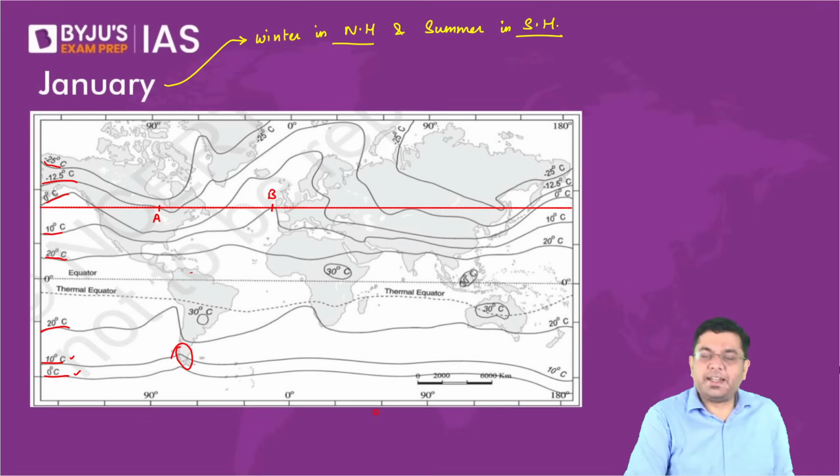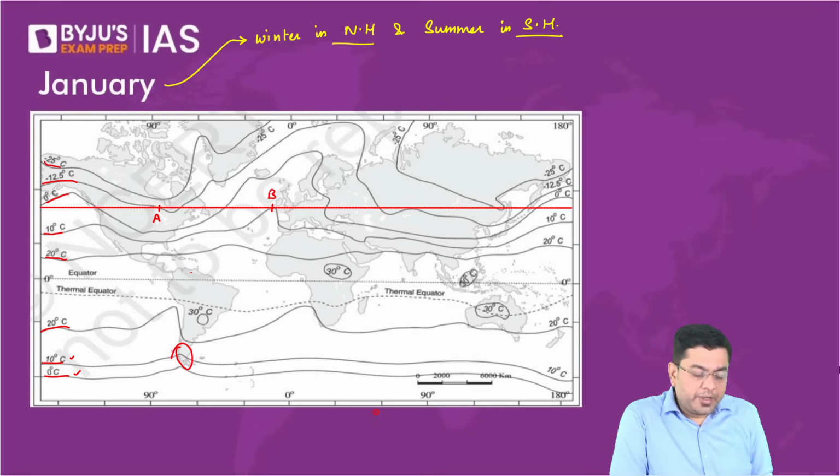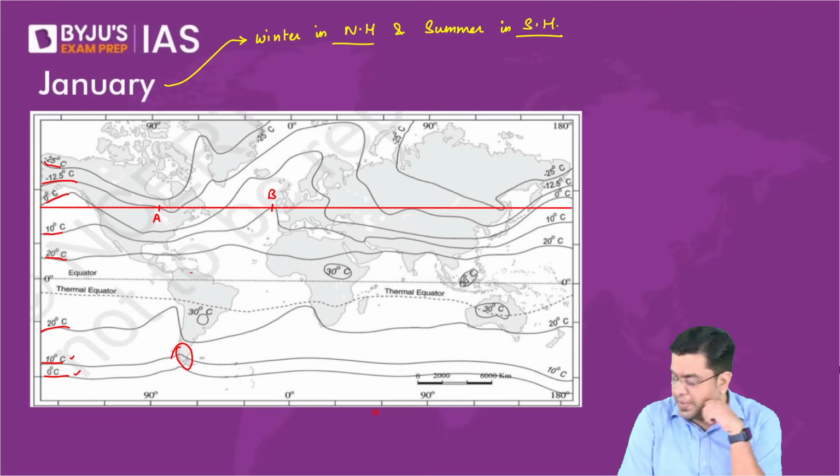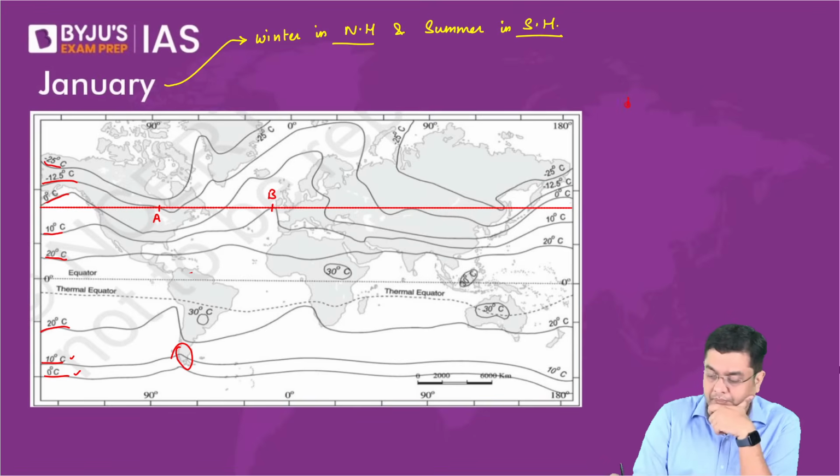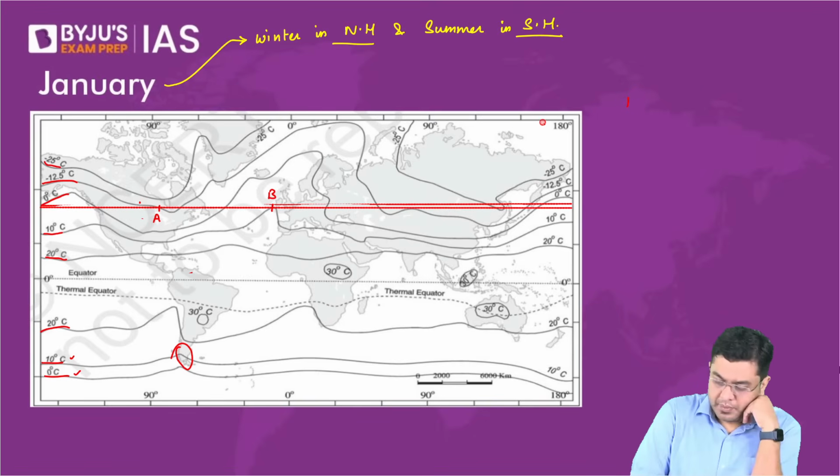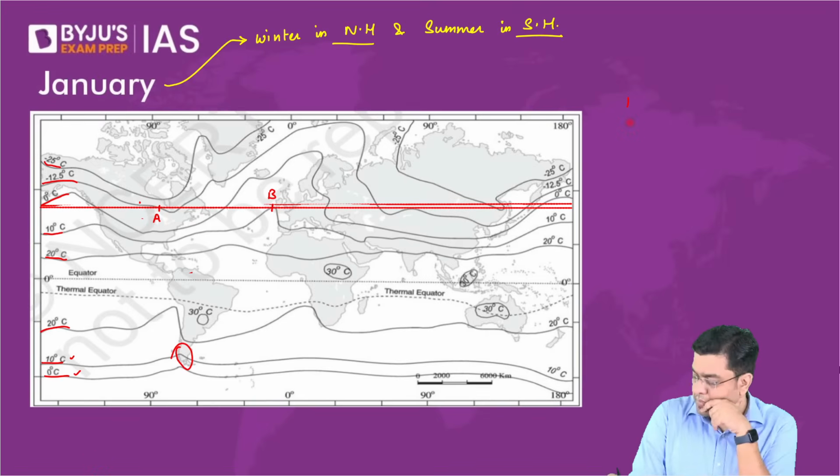Now, what is going to be the temperature at A based upon the isotherms that you see? Temperature at A is going to be minus 12.5 degrees Celsius.